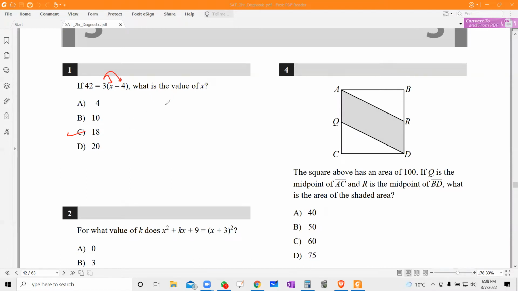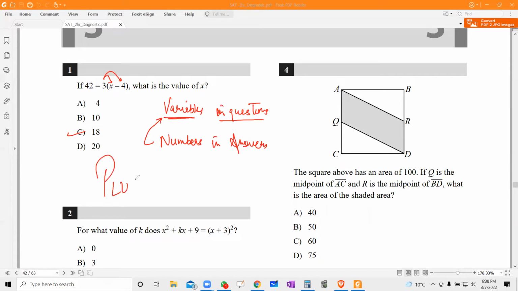I'll be telling you one strategy which will be helpful in solving the questions which are having variables, like x and y or z or a or b, whatever the things are. If you're having variables in the questions and the numbers in the answers, the numbers which are for those variables, then you have to use a strategy called plug it in.